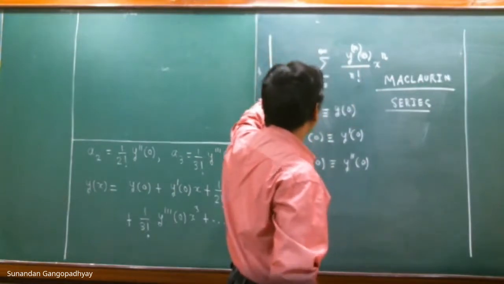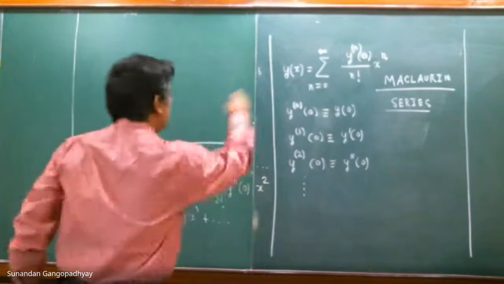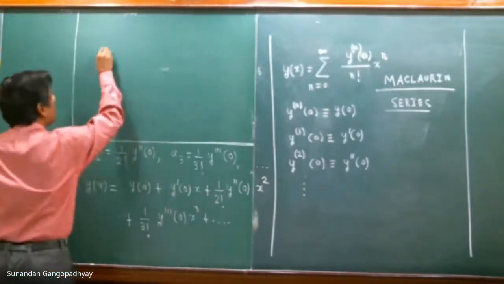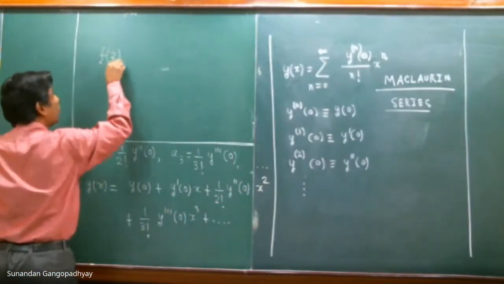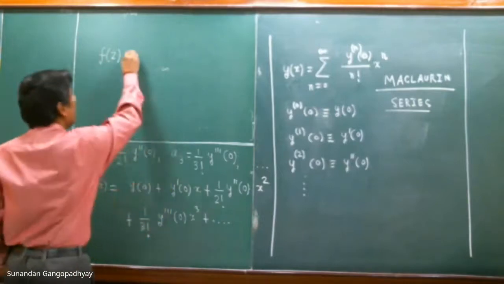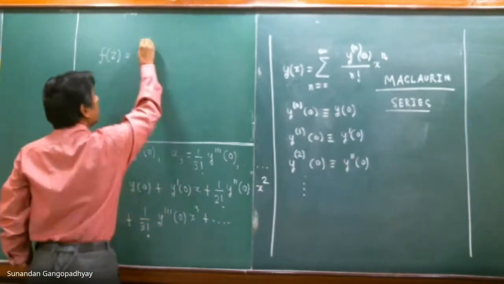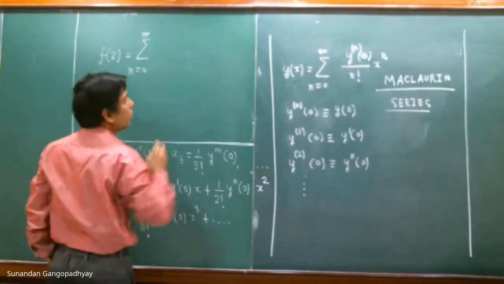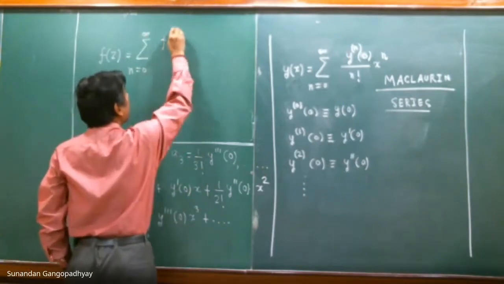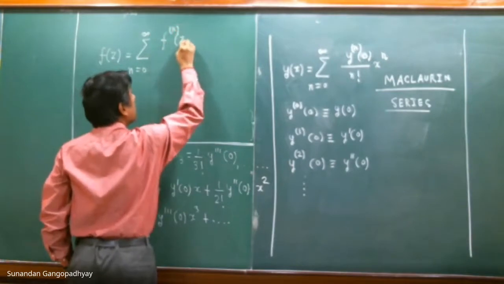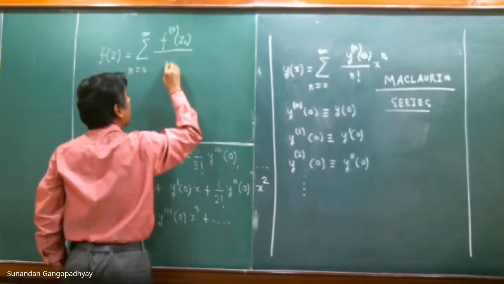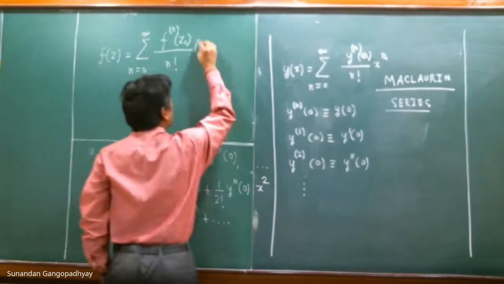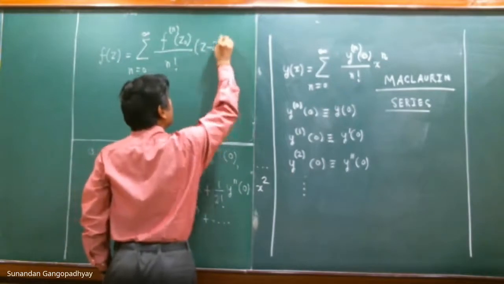And you can actually generalize it to a function of a complex variable, and the generalization is written in the following way. Summation n is equal to 0 to infinity f n of z naught by n factorial times z minus z naught to the n.